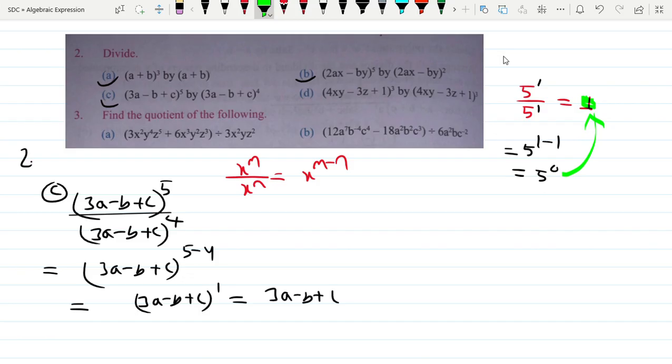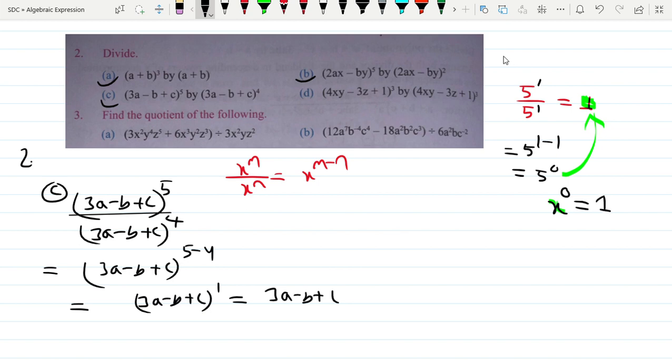So what we can generalize here is that for any base, if its power is 0, then its value is 1. This happens for any variable, any expression, any numerical quotient or any real number. Suppose there is a variable x and its power is 0, then its value is 1.